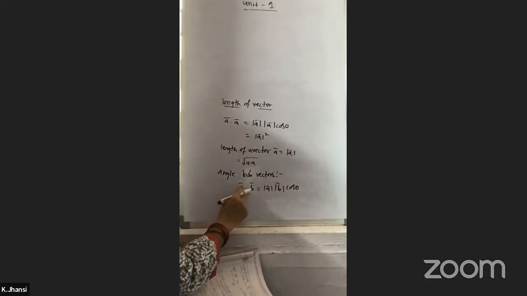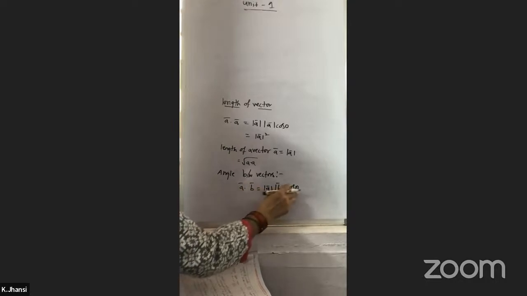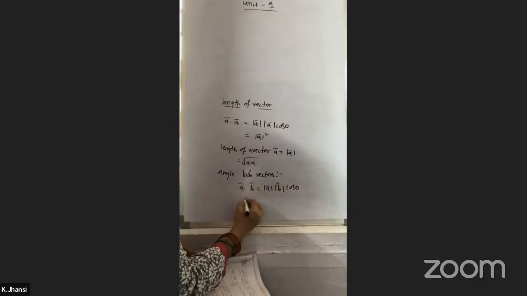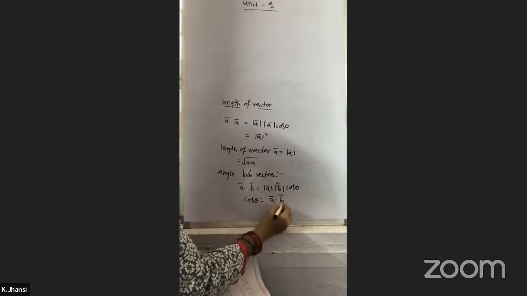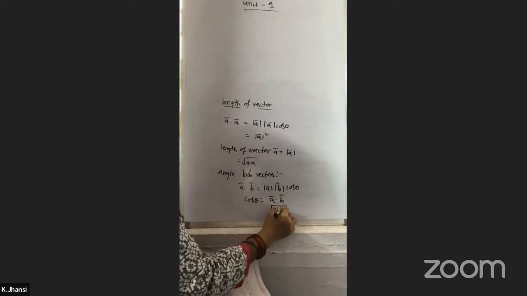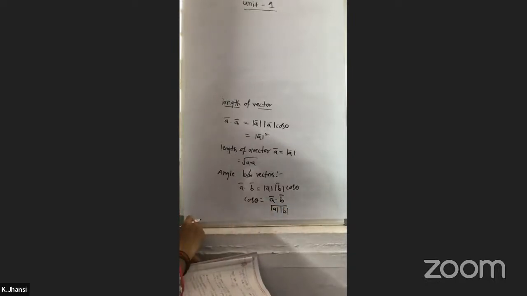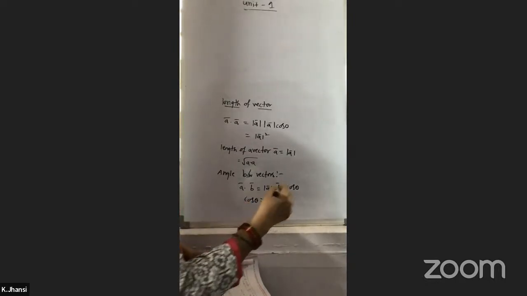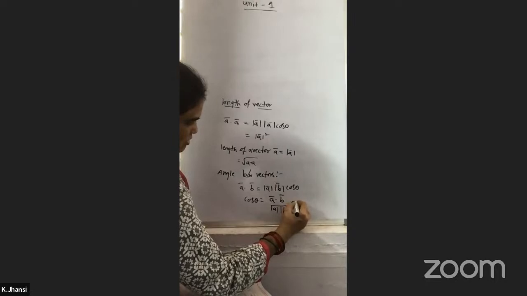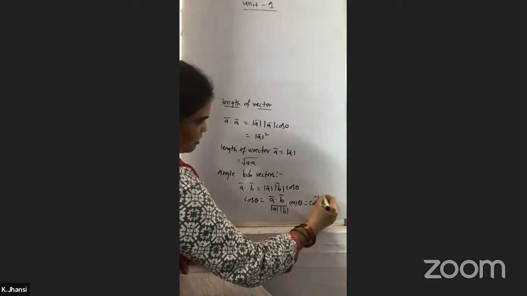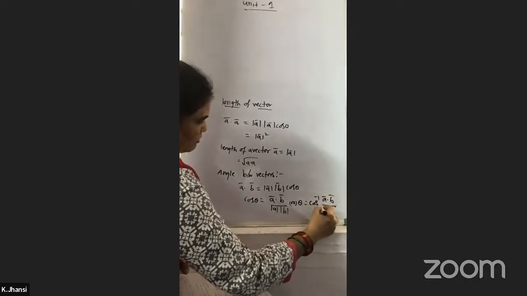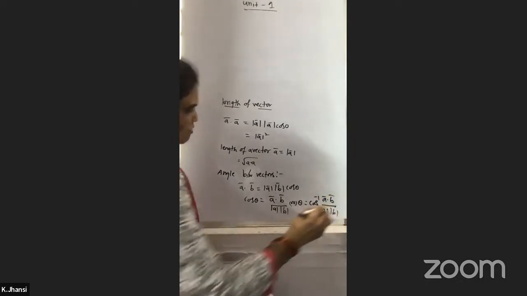So take cos theta is equal to vector A dot vector B by mod A into mod B. So we need the theta value, so theta is equal to cos inverse of vector A dot vector B by mod A into mod B.